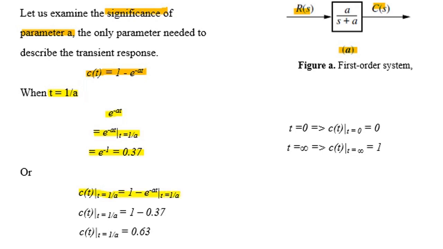Now substituting value of natural response in total response equation, we get output of the system at time equals 1 over a second equals 0.63. Now if you look at output equation for this system, which is C of t equals 1 minus e power minus at, at time t equal to 0 seconds, system response is equal to 0.